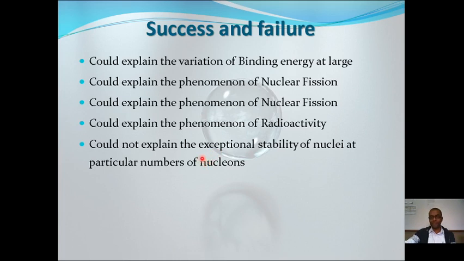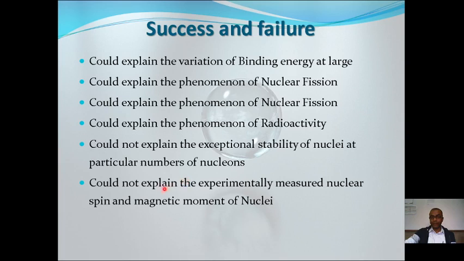This can be explained with another model called the shell model, which we'll talk about later. Also, it could not explain the experimentally measured values of nuclear spin and nuclear magnetic moment of different nuclei.